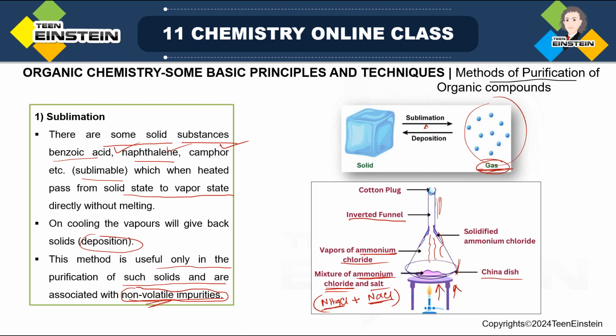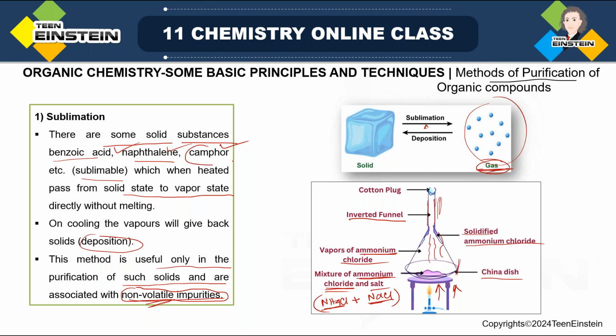But here this vapor will come to this comparatively cold surface of the funnel, and it will be solidified to this pure compound. So in this way we can remove the non-volatile impurity.